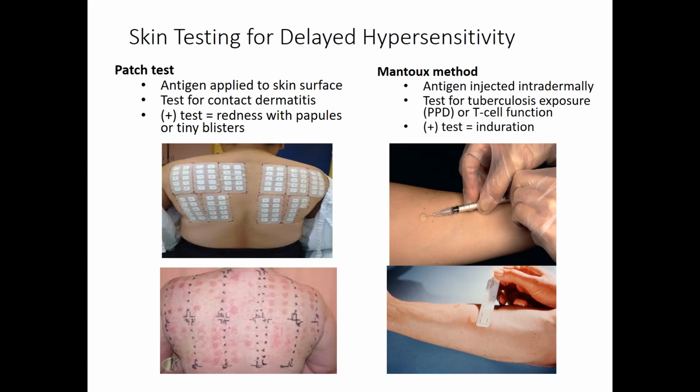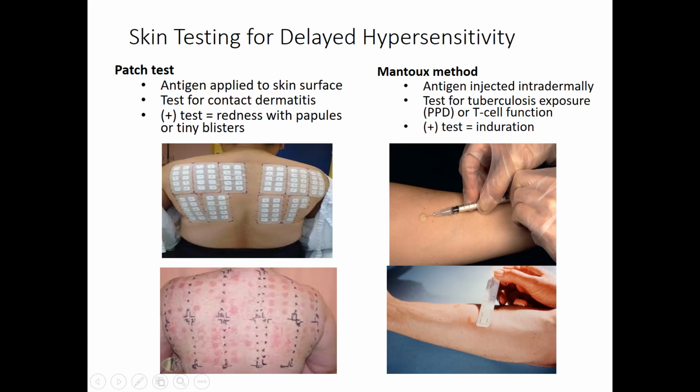It's a contact dermatitis. So in this case, they actually mark, they know what each one is. It's when we don't know what someone is allergic to. And so you can see they mark them off and positive test, positive, positive, positive. This one's negative. So this person has a lot of responses to contact issues.